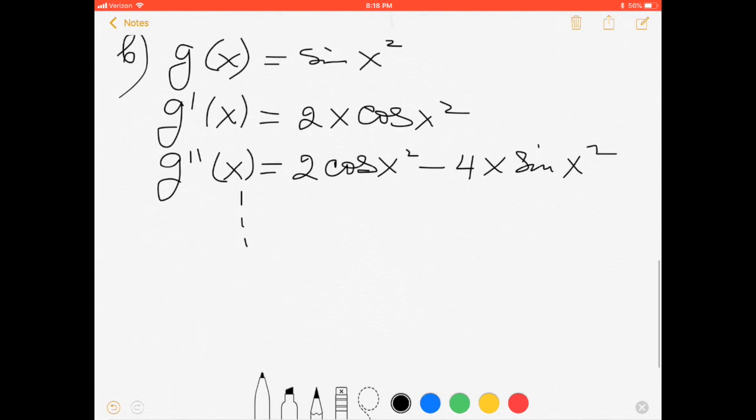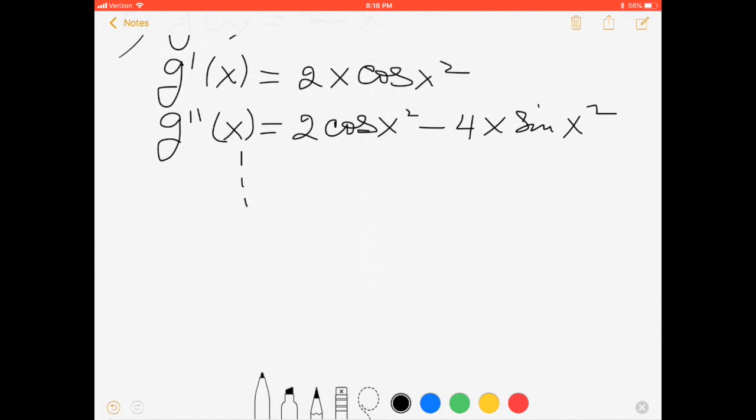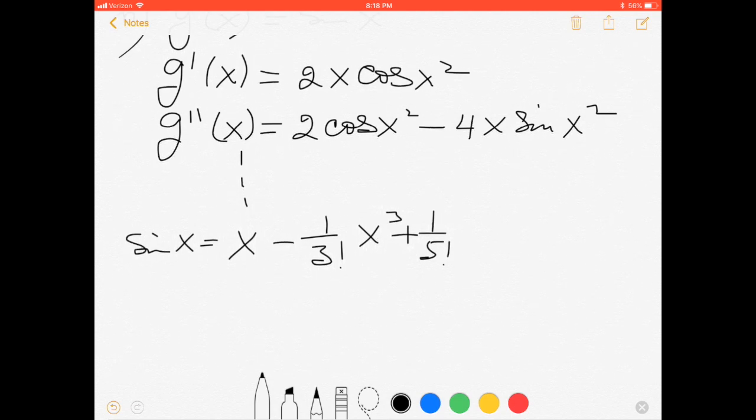Or I think it's much easier if you remember the sine x series we built right now. It will be x minus 1 over 3 factorial x cubed plus 1 over 5 factorial x to the fifth minus 1 over 7 factorial x to the seventh, and continue. And what will be sine x squared?